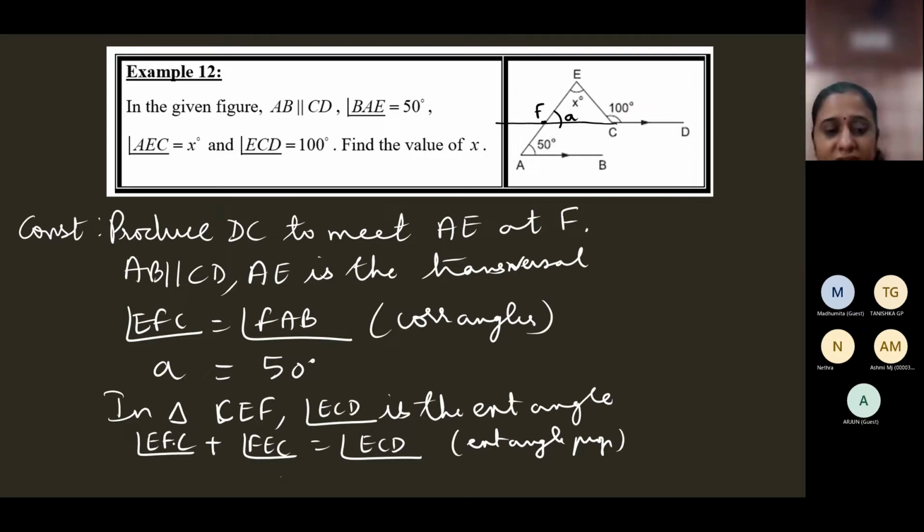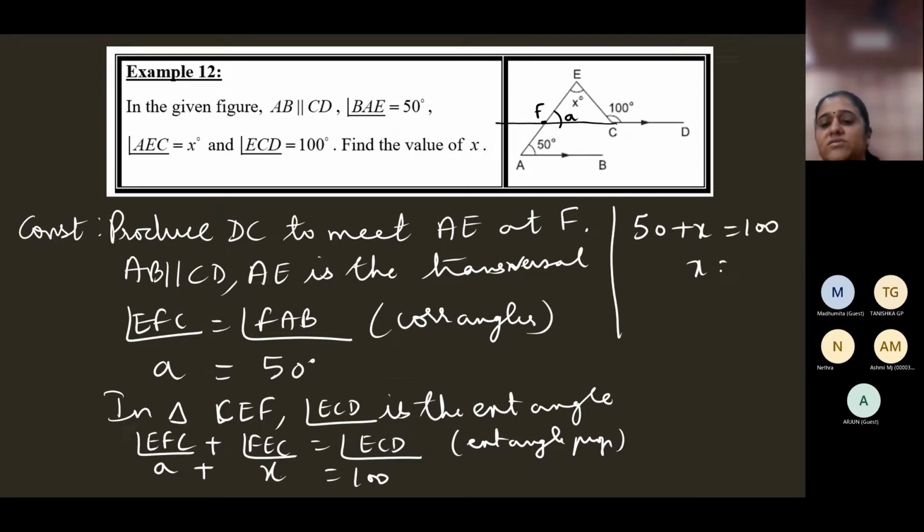So EFC is A plus FEC is X, equal to 100. So A we found 50 plus X, which we still have to find, is equal to 100. X is equal to 50 degrees. So the value of X is 50 degrees.